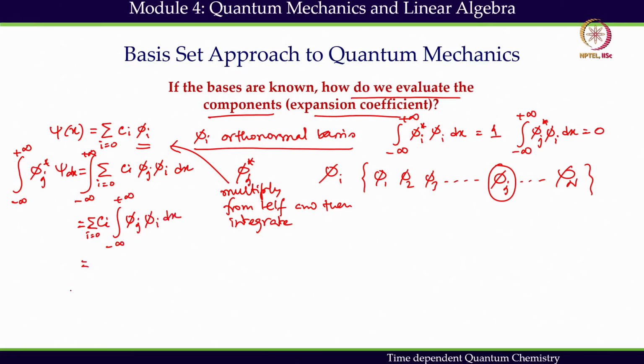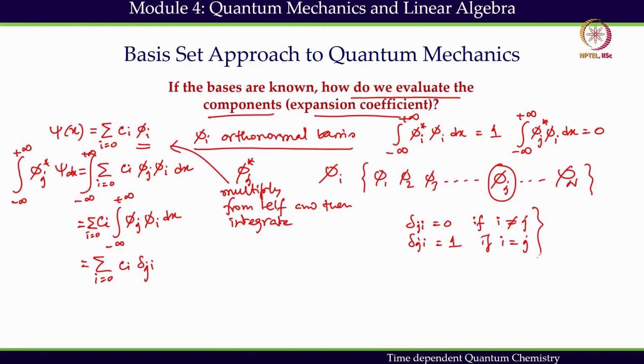So, this summation is going to be C I times delta j I, and when I do that, delta j I would be 0 if I does not equal j, but delta j I would be 1 if I equals j.